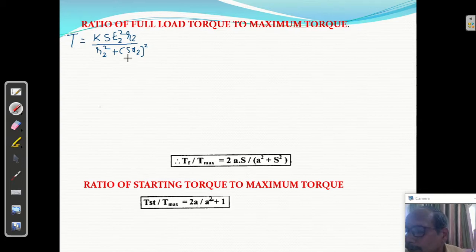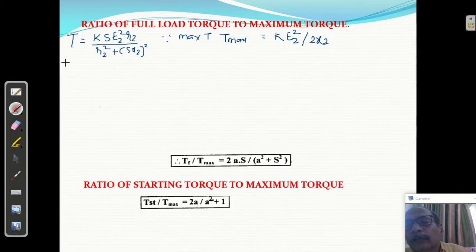This is the running torque we have. Since maximum torque T max equal to K E2 square upon 2X2, if you put the condition.